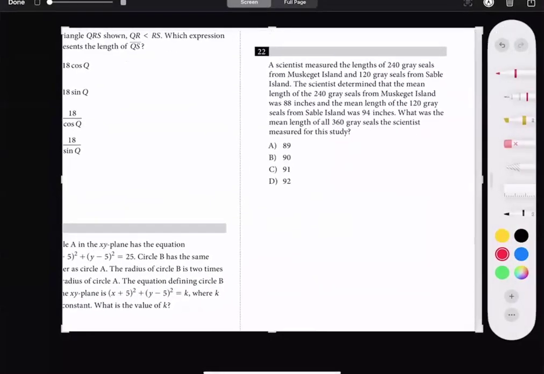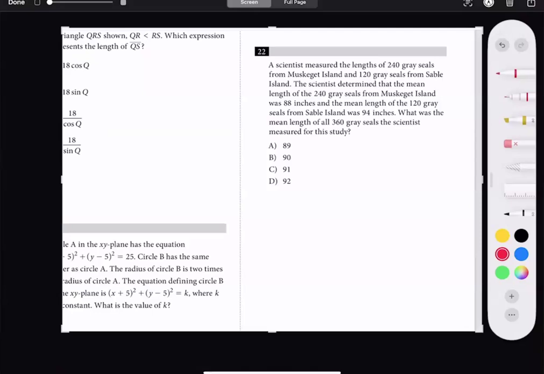A scientist measured the lengths of 240 gray seals from Muscat Island and 120 gray seals from Sable Island. The scientist determined that the mean length of the 240 gray seals from Muscat Island is 88.